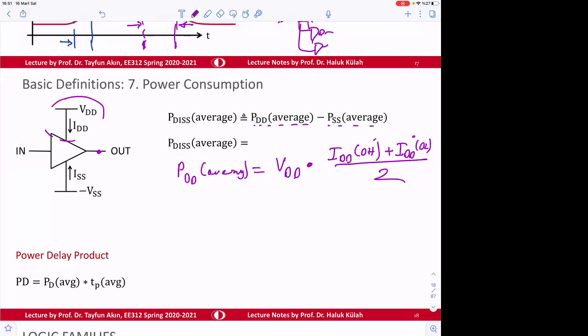Okay, so this is drawn maybe wrong. I should just say plus here, and also plus here.